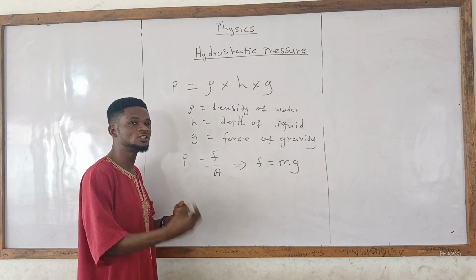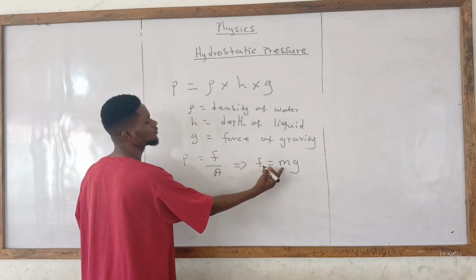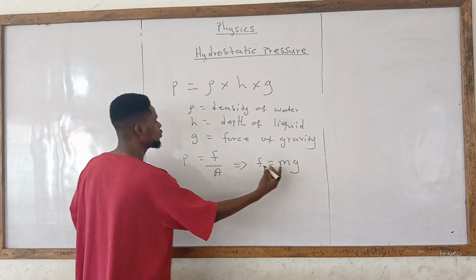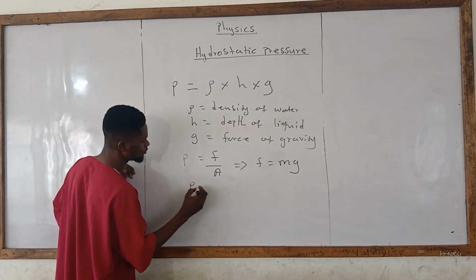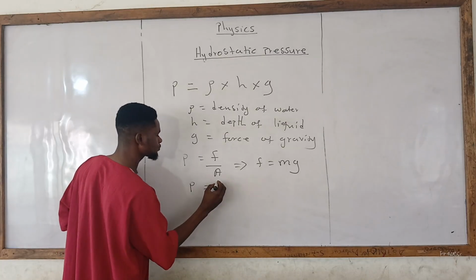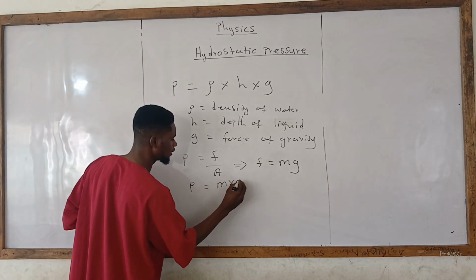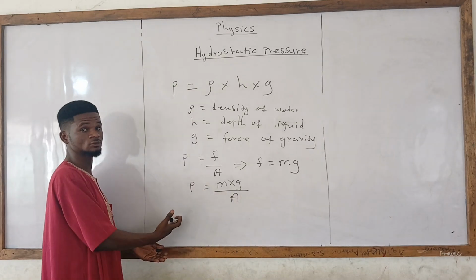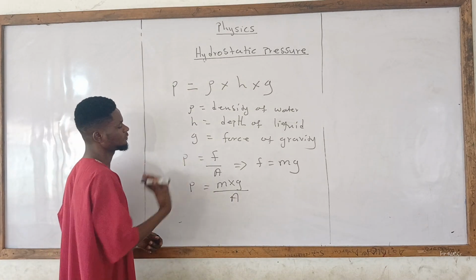It is acting due to gravity. So we have to multiply the mass times the gravity to get the force there. So if you have this, we can now say P is equal to mass times gravity over the area. So it's the same thing as the first one.